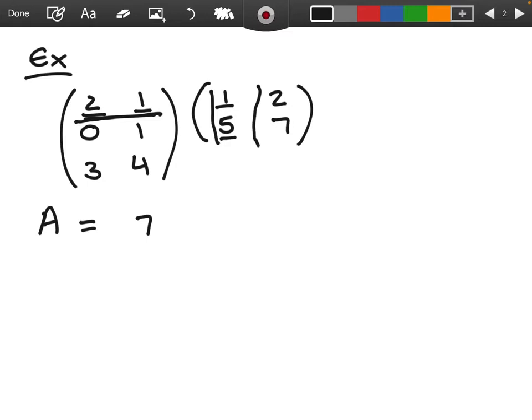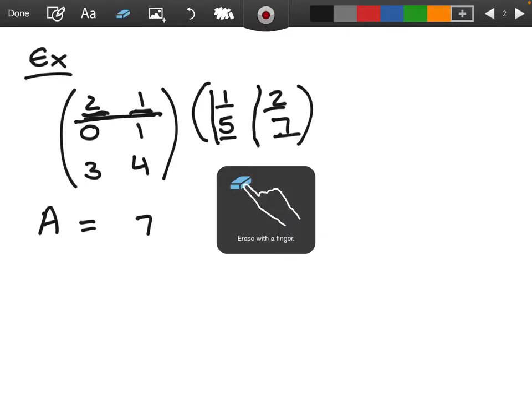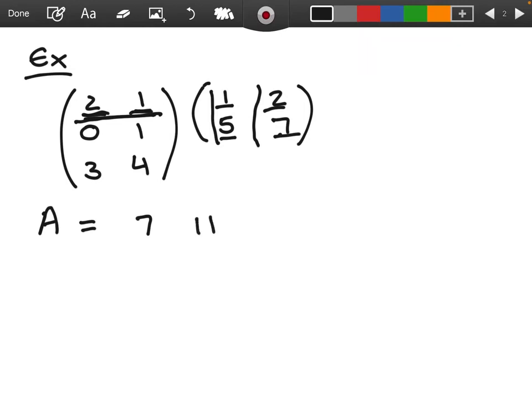Now I'm going to take the dot product of my first row and my second column. That would be the A12 entry. I've done the first row in my first matrix dot product with the second column in my second matrix. So this is going to be this entry in my matrix. So it's going to be 2 times 2 plus 1 times 7, which should give me 11.